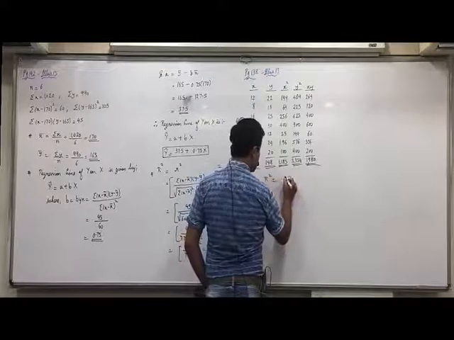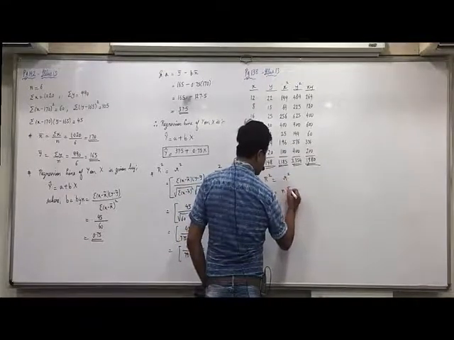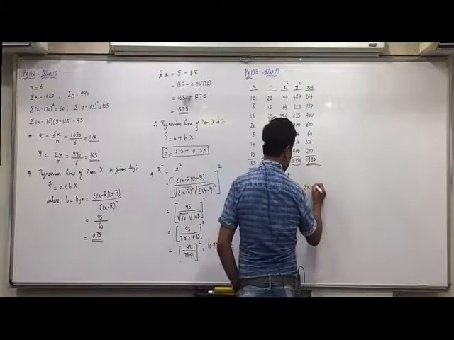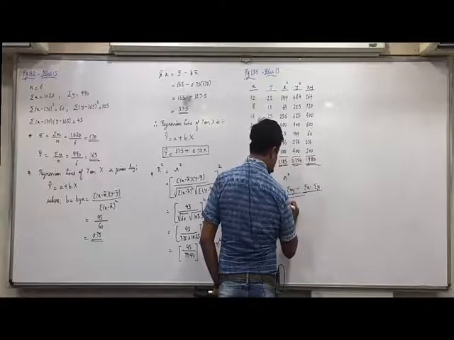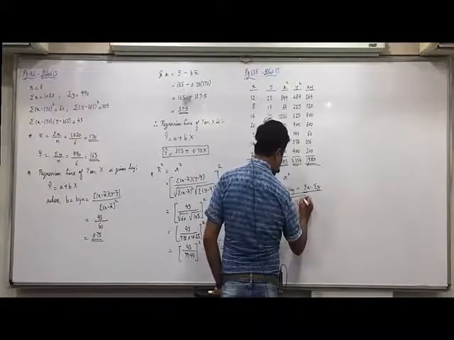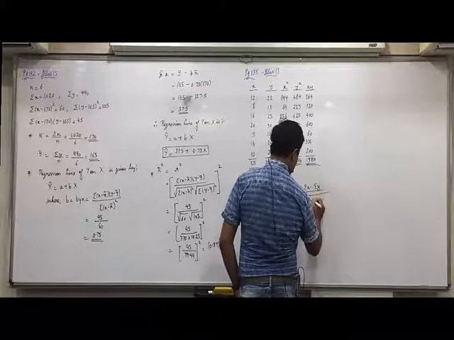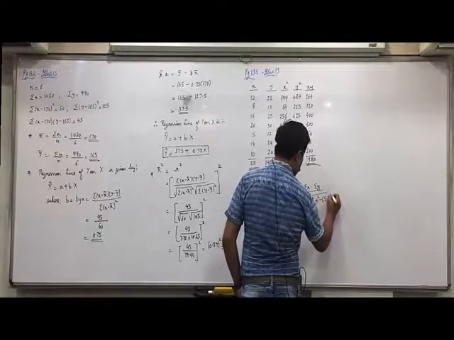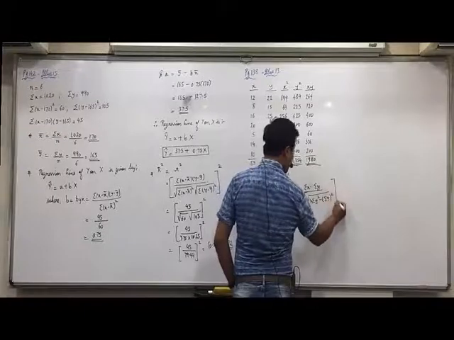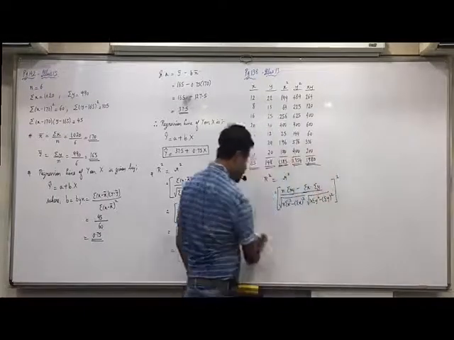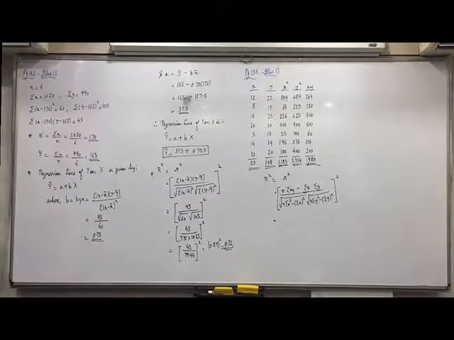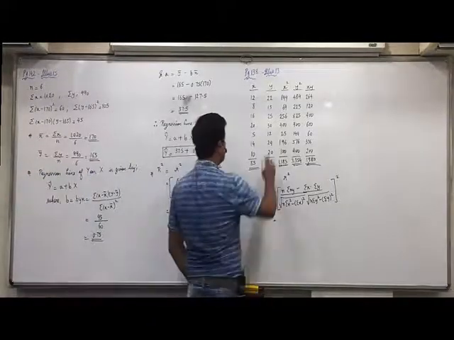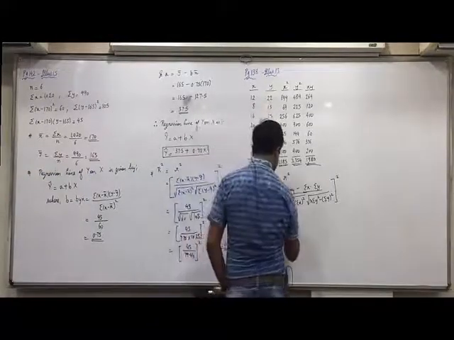r square is equal to n sigma xy minus sigma x into sigma y upon square root of n sigma x square minus sigma x whole square, into square root of n sigma y square minus sigma y whole square, and finally whole square. All of you recollect this? Any confusions? All are clear up till here? So n is 7.